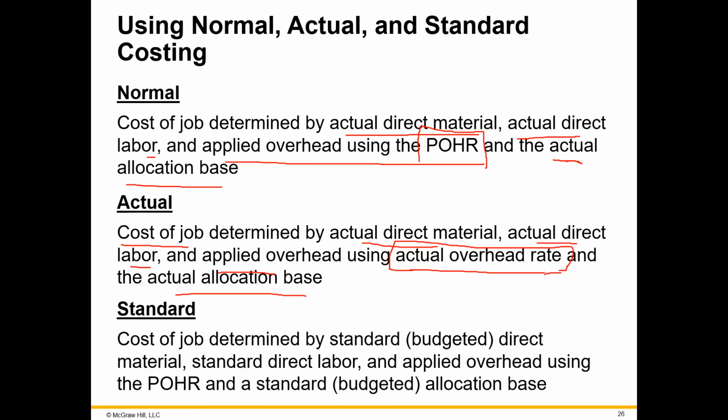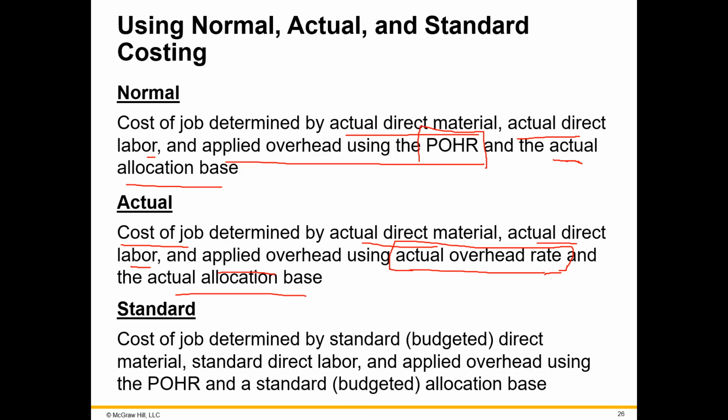And if you can wait and it's not so urgent to get estimated figures out there, then actual would give you a more precise answer. And then you have a third method, which is standard costing. And here you have a lot more estimated numbers.